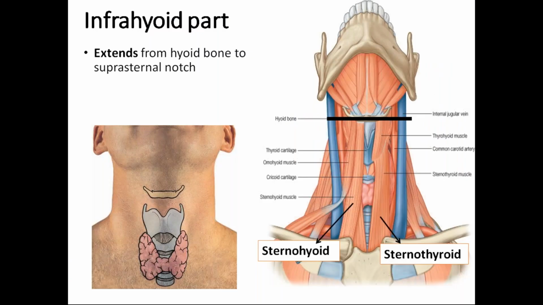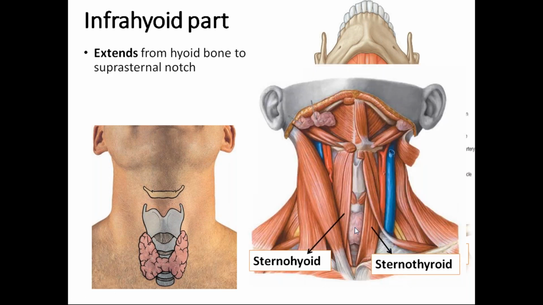Next we'll go on to the infrahyoid part. The part below the hyoid bone is called the infrahyoid part, which extends from the hyoid bone to the suprasternal notch. Okay, so you can see here it is extending from hyoid bone to suprasternal notch, and it is also bounded on either side by the sternohyoid and the sternothyroid muscle.